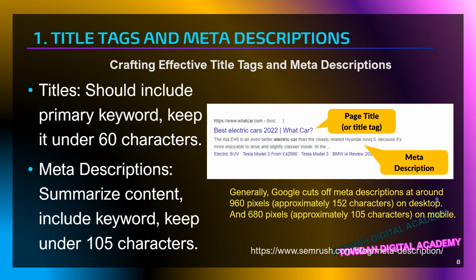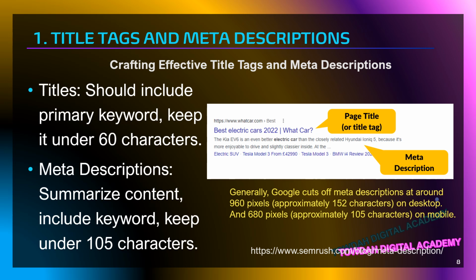There is a particular format that all of this will take while we are crafting our content for SEO. So you see the title should include the primary keyword that you have chosen, and it must be under 60 characters. The meta description as well should summarize your content and include the keyword too.